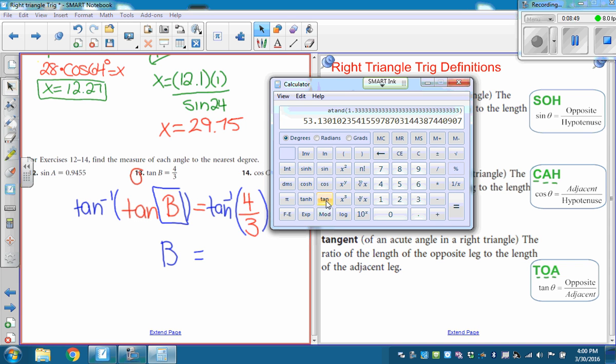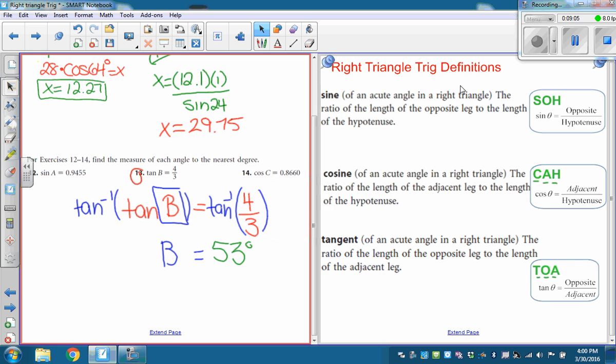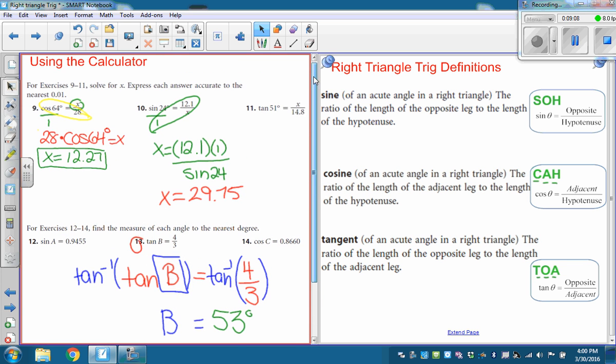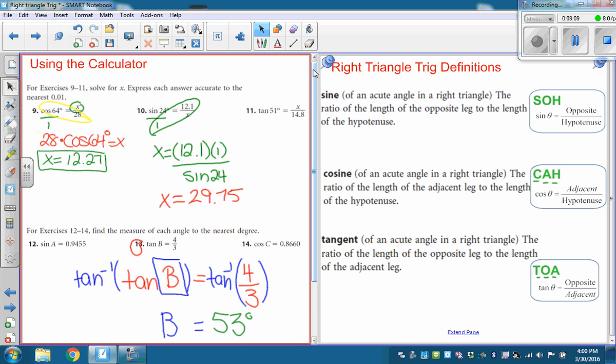The directions here say find the measure of each angle to the nearest degree, so 53.13 is just rounded to 53 degrees. So that's the simple process of using the calculator.